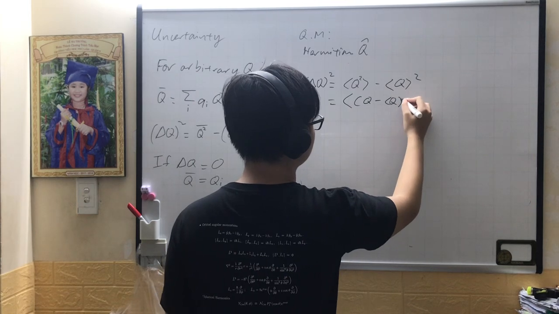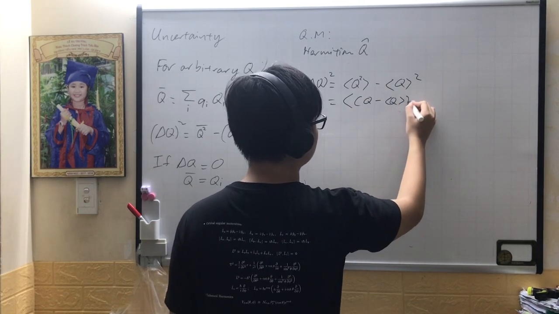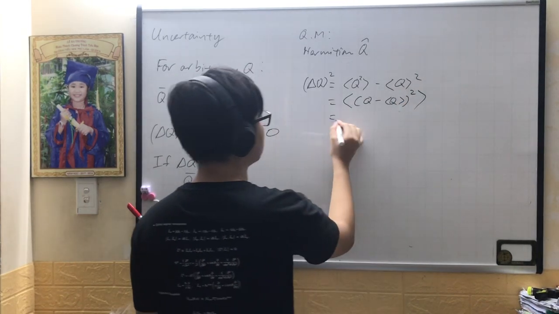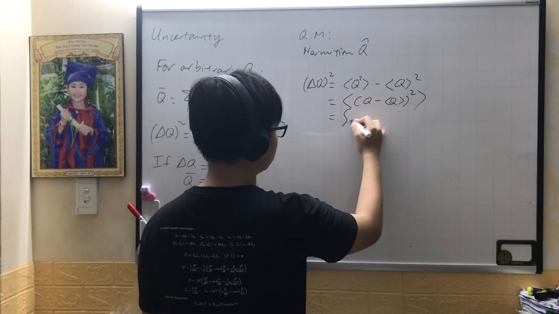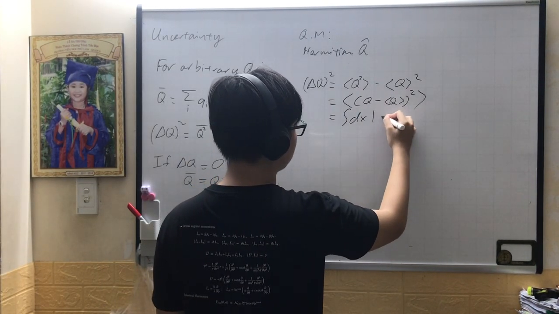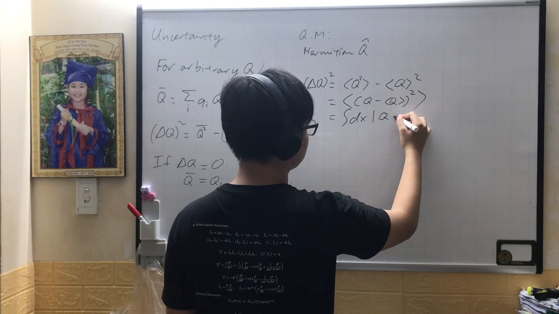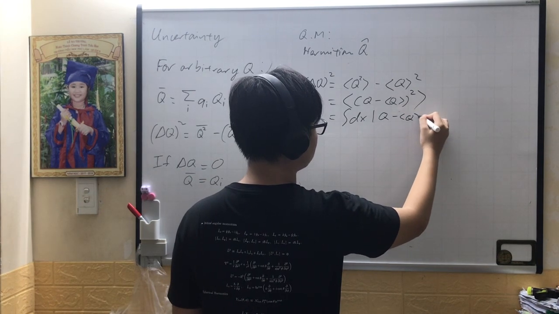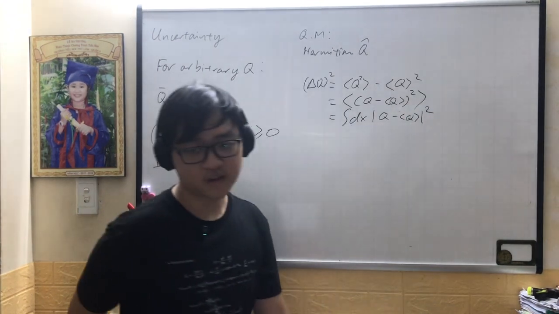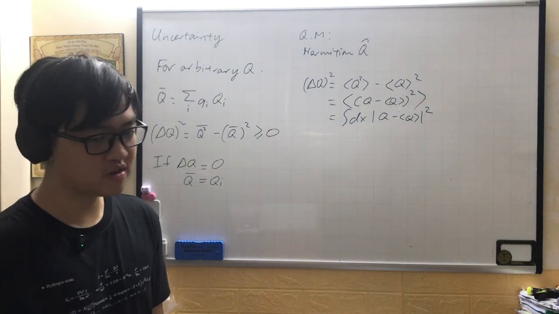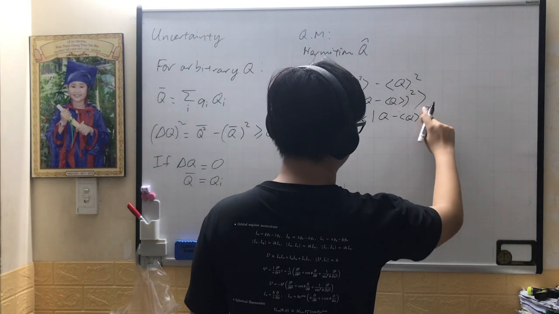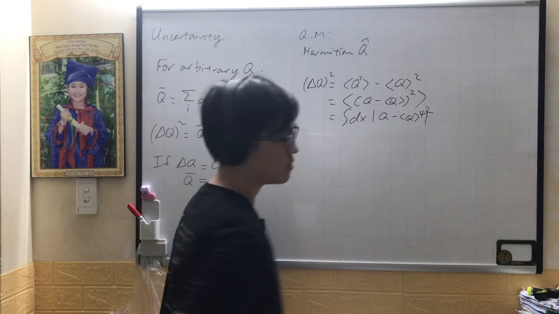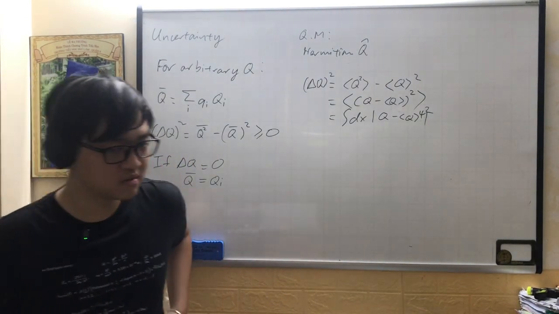And one more way is like this, with the integral of psi star, Q minus the expectation value of Q, squared, psi dx. Okay, I'm wrong. We would need a psi here. That would be something like that.